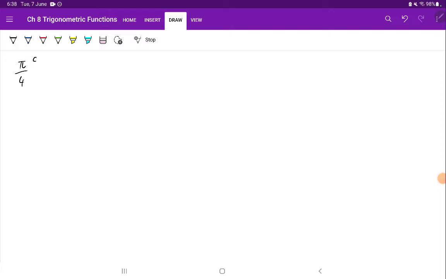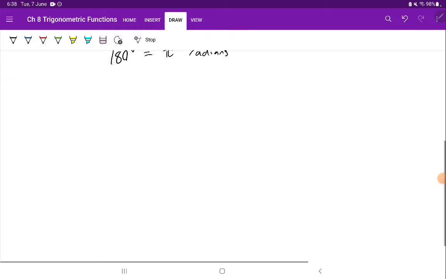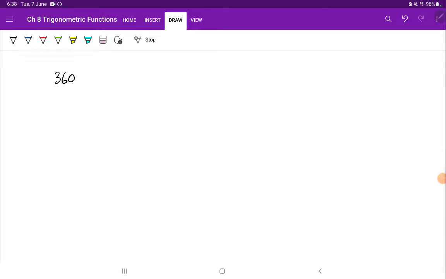So let's firstly think about our conversion rate. Let's move away from these guys. If we've got 360 degrees is equal to 2 pi radians, well, that actually tells me two different conversions.